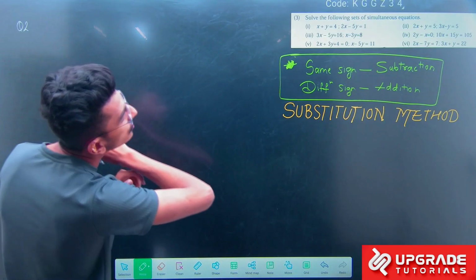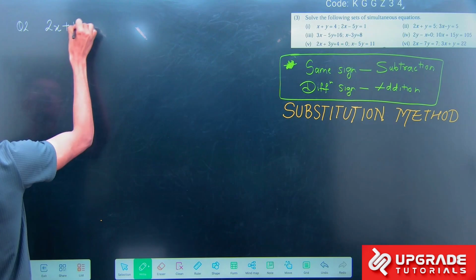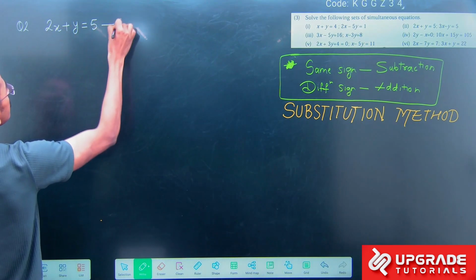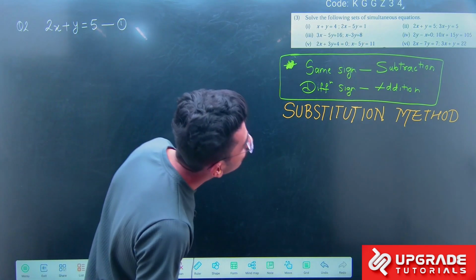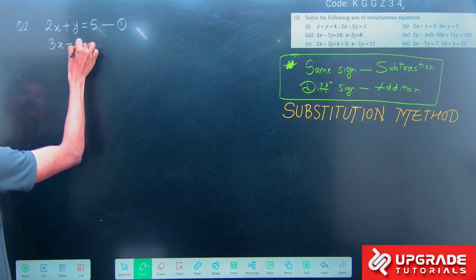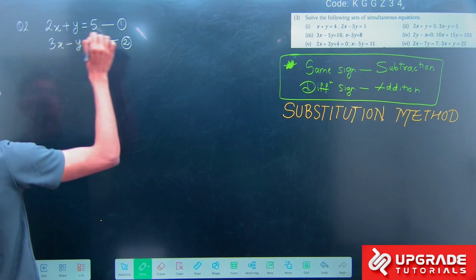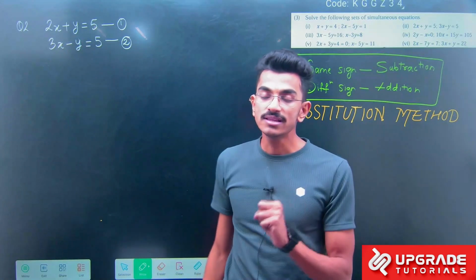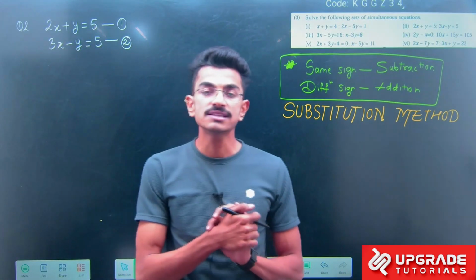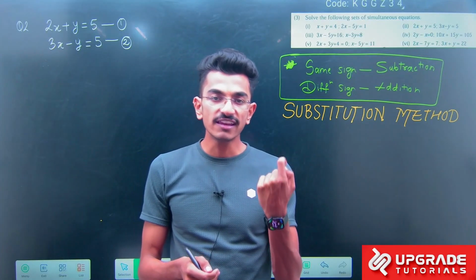It is 2x plus y is equal to 5. Question number 1. And 3x minus y is equal to 5. 2. Now therefore, what should we do in the substitution method? First you have to find the value of any one variable directly.